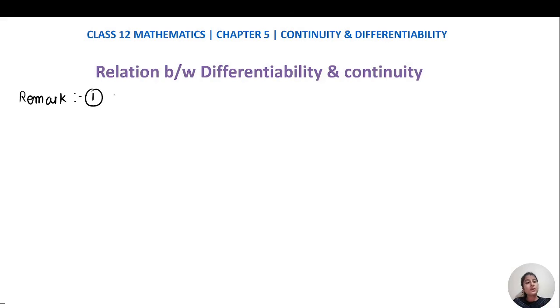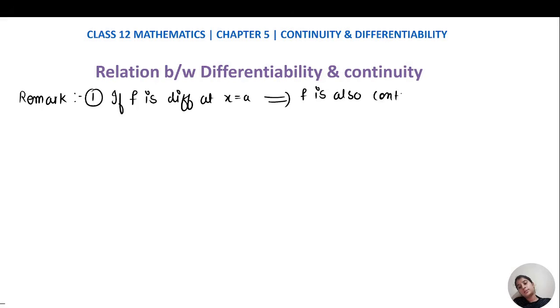If our function f is differentiable at a point, say x equals a, then this implies f is also continuous at x equals a. That means, in short, you can learn it as DC, that is differentiability implies continuity.